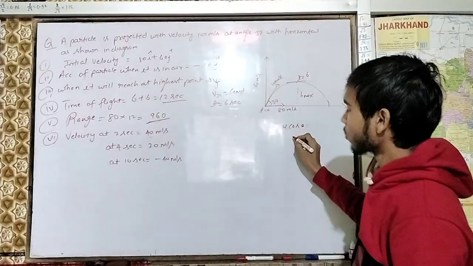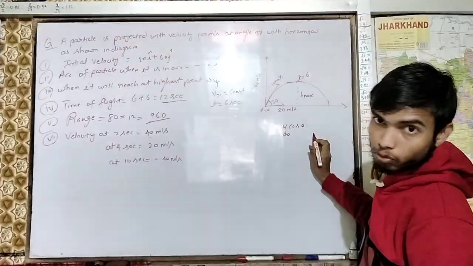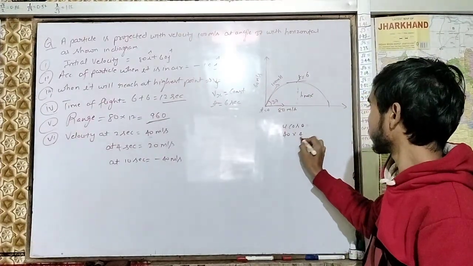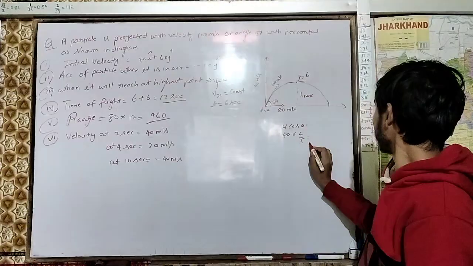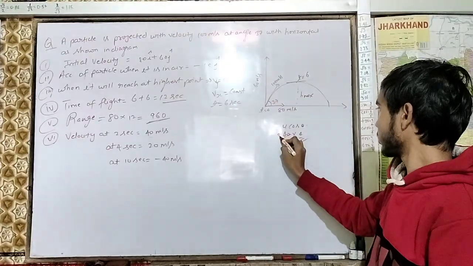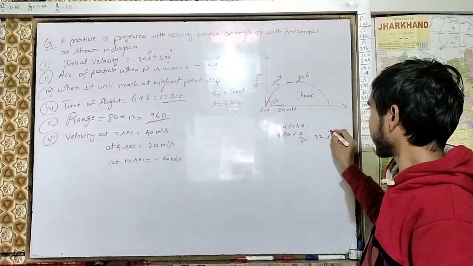Here u is 40, cos theta is 4 by 5, so 32 i cap.